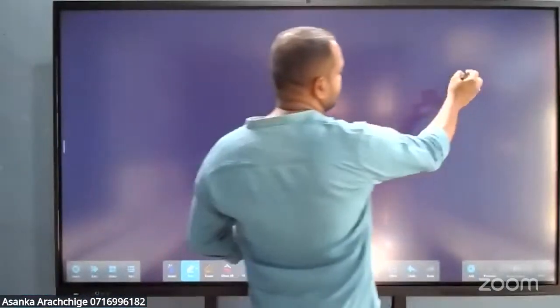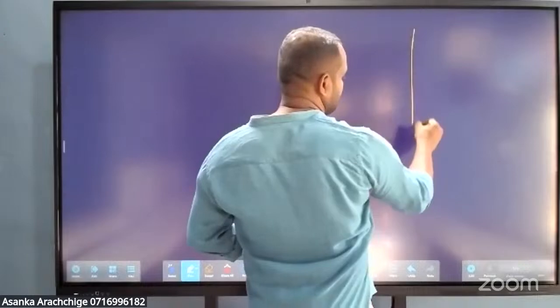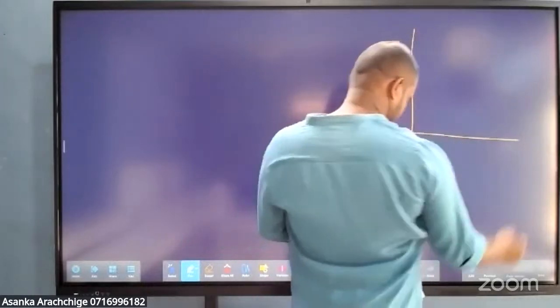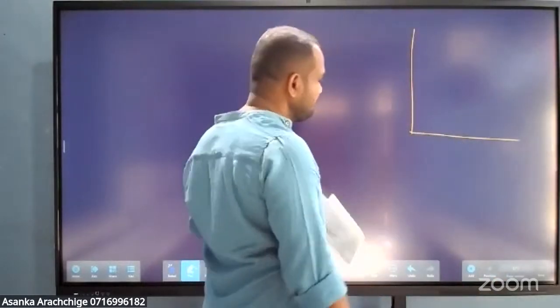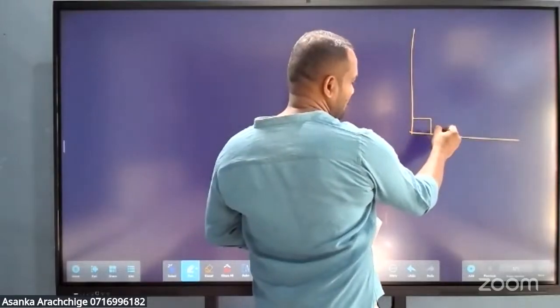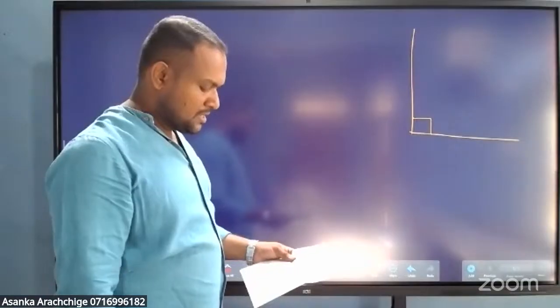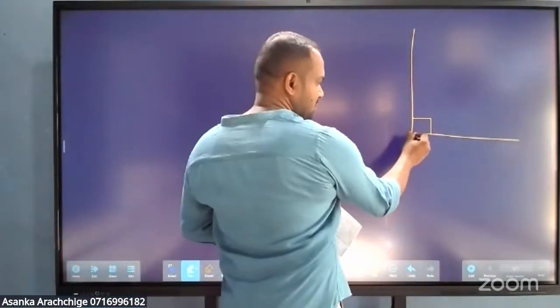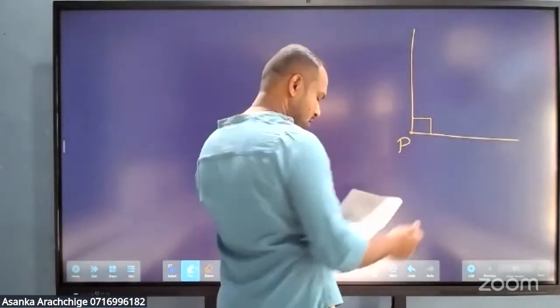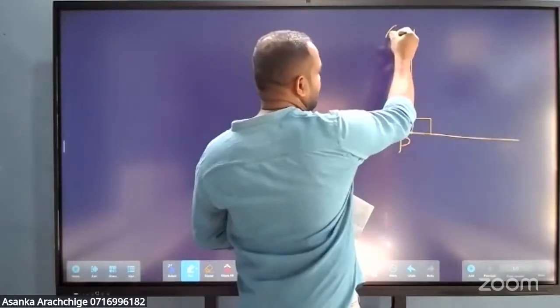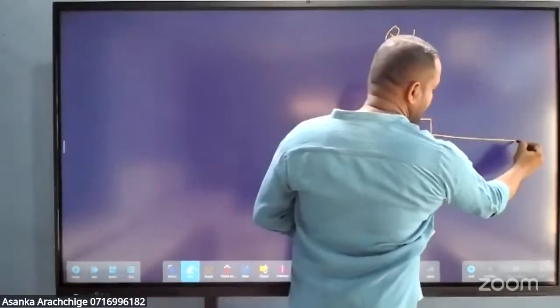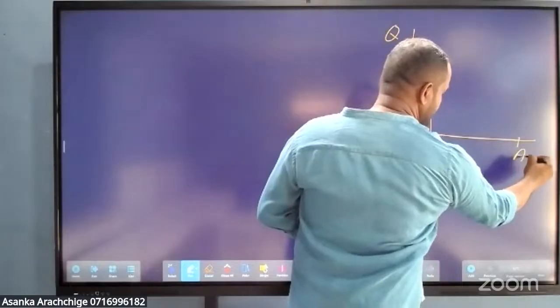Right. These two lines are perpendicular to each other. This common point is P, Q, and this point is A.